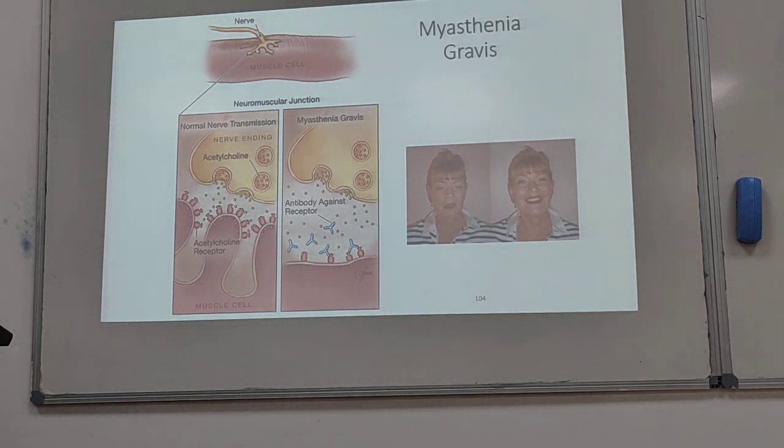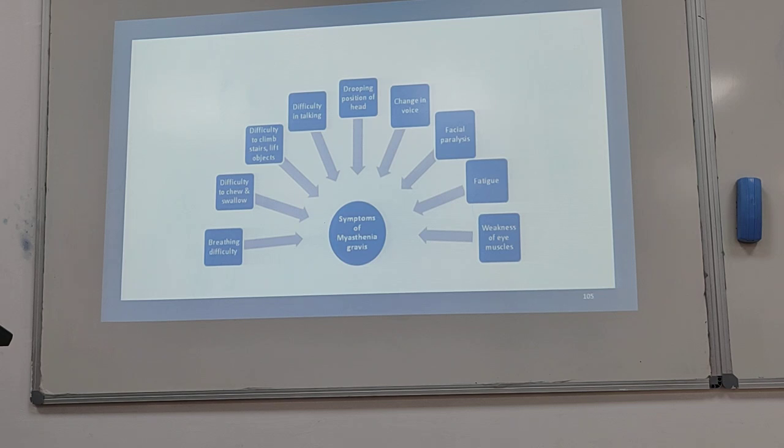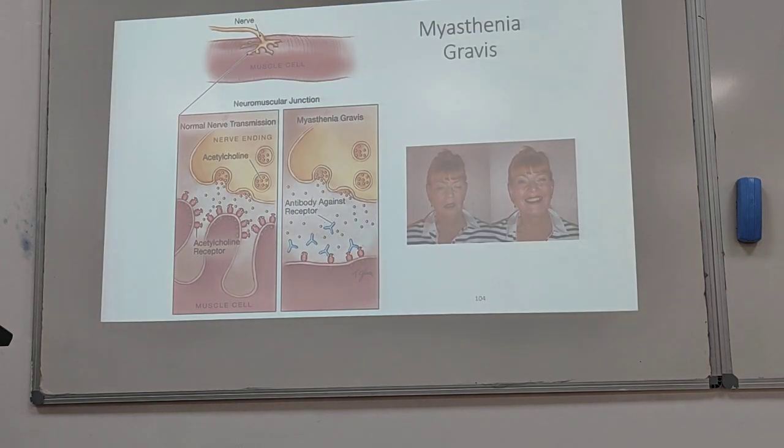This is after treatment on the other side. So facial paralysis, fatigue, and finally the eyes close. These two are extreme: breathing difficulty and the eyes close, like her. This is maximum.